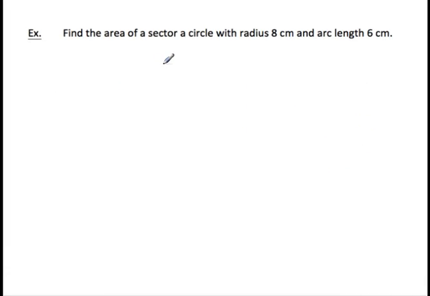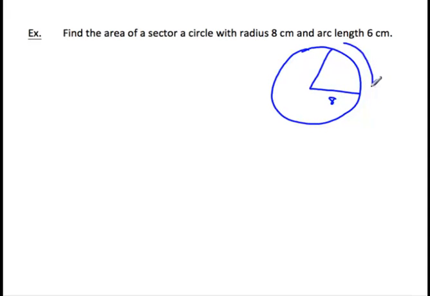Let's do a couple of examples. Here we're asked to find the area of a sector of a circle that has radius of 8 centimeters if the arc length is 6 centimeters. To draw a picture, we've got a circle with radius length of 8 and an arc length of 6 centimeters. And we want to find the area of this sector here.